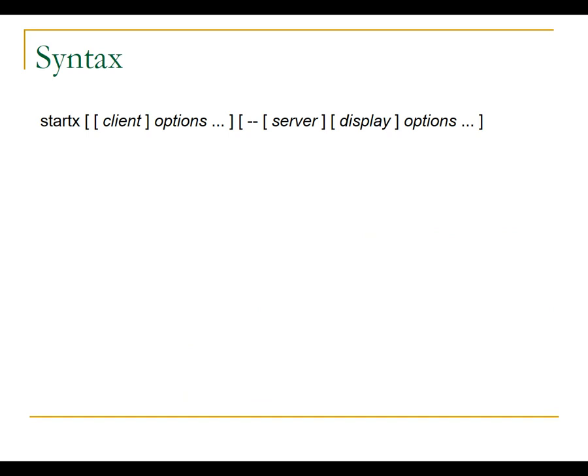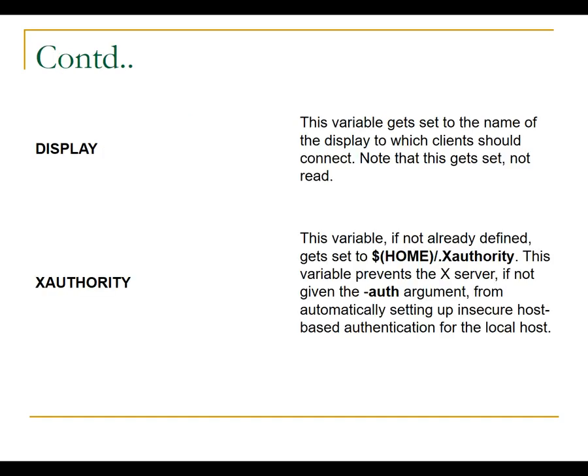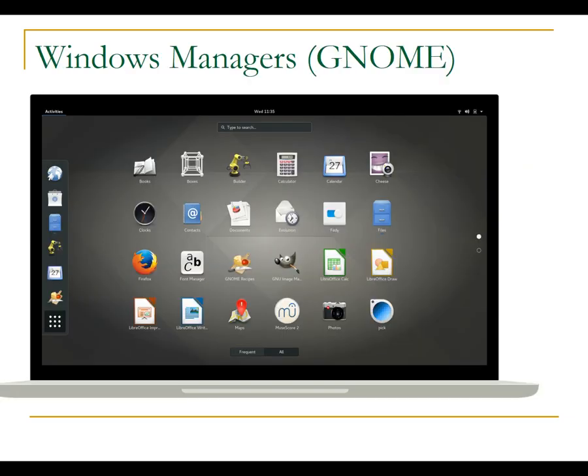Startx, then in brackets we specify the client option, then the server ID, then the display option, where the display option is set by the user, and this variable gets set to the name of the display to which the client should connect, and XAuthority is a type of authentication through which the display is going to be shown.